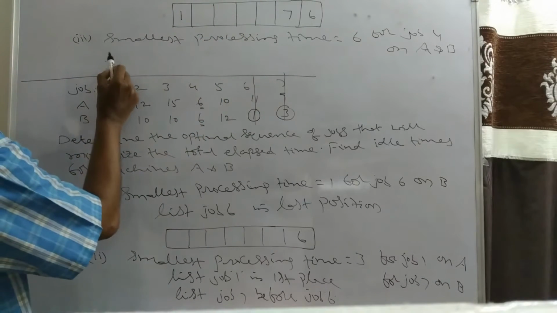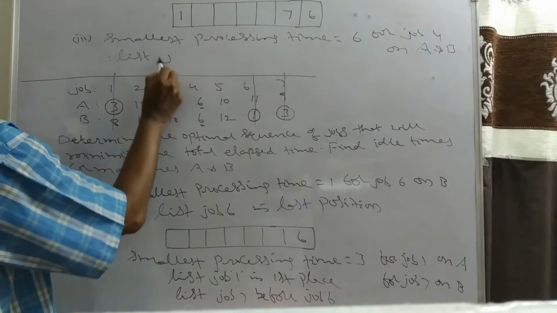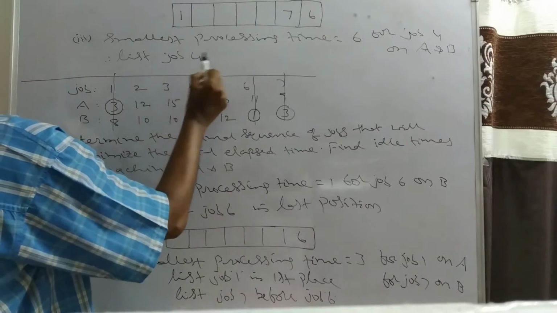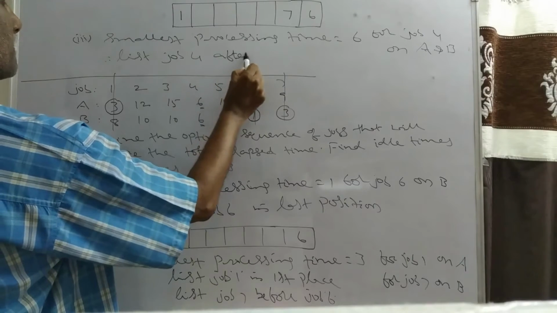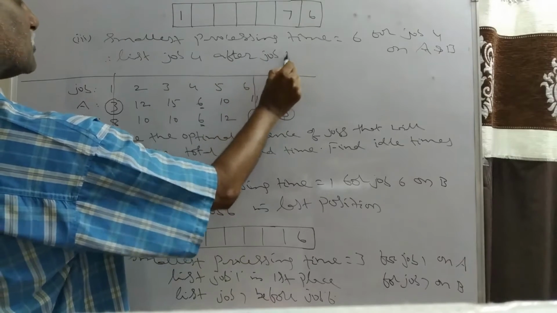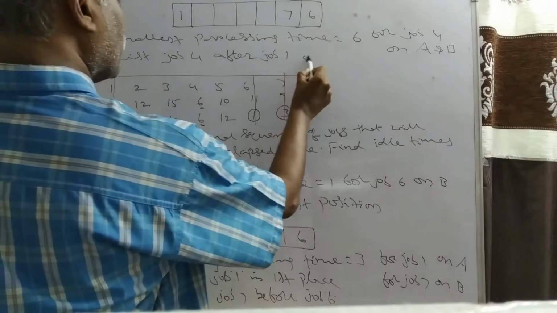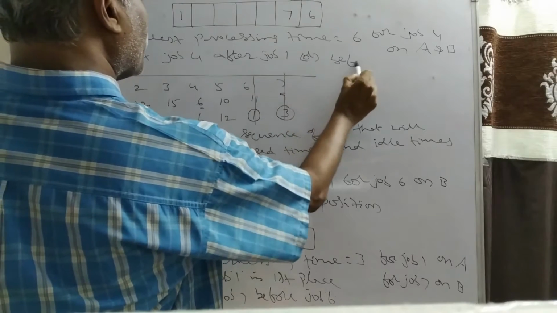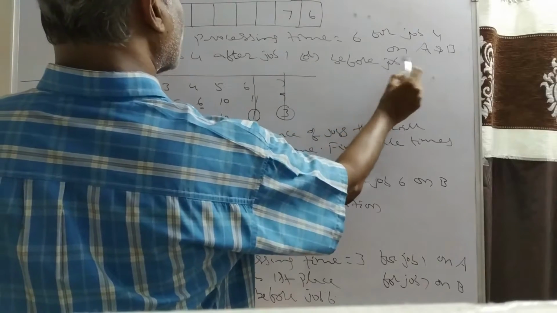Okay. So therefore, list job 4 after job 1 or before job 7.